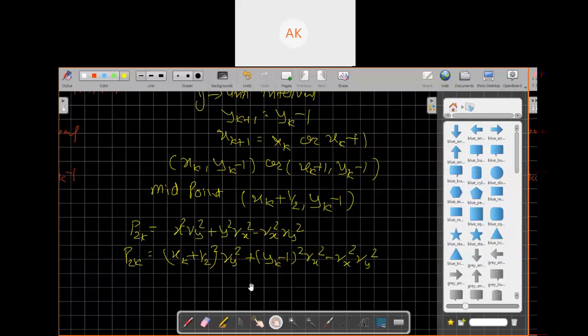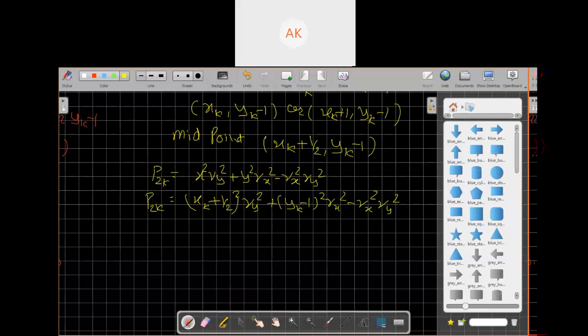For calculating the next decision parameter, means p2k plus 1, just change the value of k with k plus 1. (k plus 1 plus 1 by 2) whole square into ry square plus y. Value of y, replace k with k plus 1, (k plus 1 minus 1) whole square into rx square minus rx square ry square.